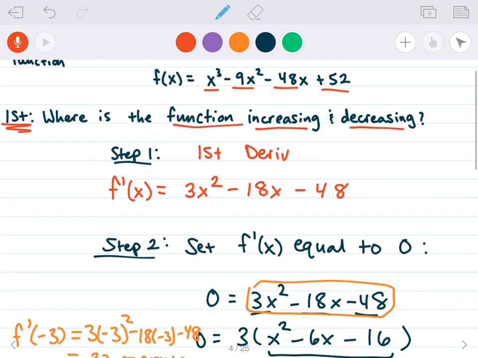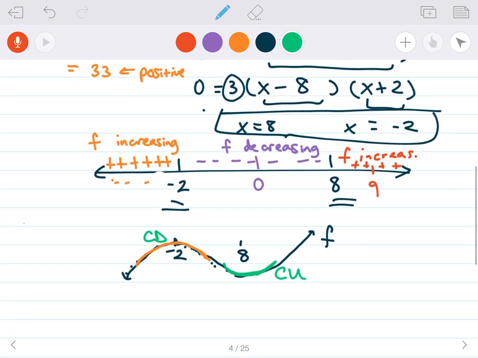Where is the function increasing or decreasing? Okay, so this is our function. Based on our number line, it's increasing starting at x equals negative infinity, all the way up to x equals negative 2.